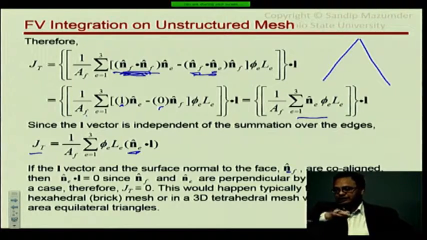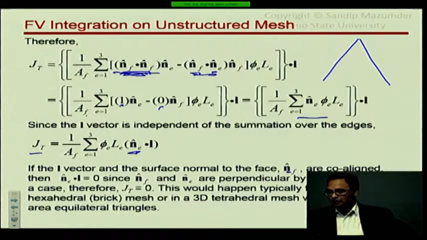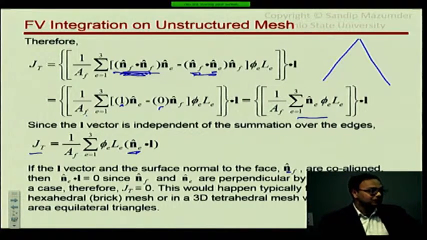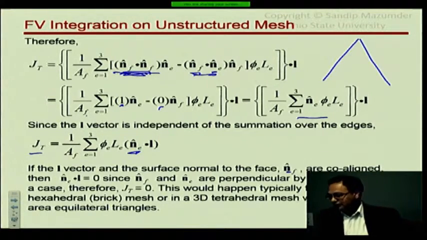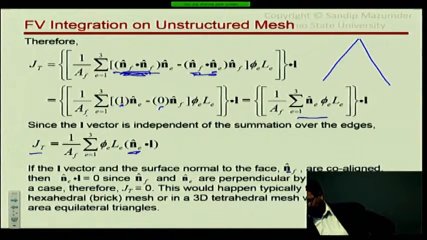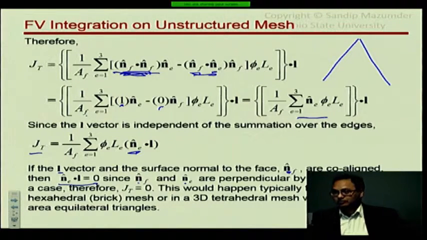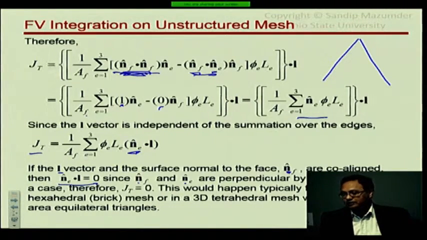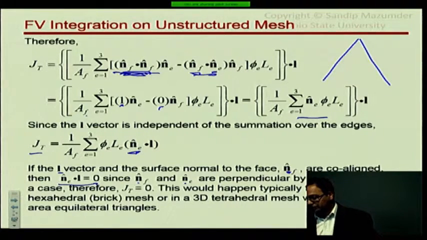If that's co-aligned with the surface normal, like you would have in a Cartesian mesh or equisized tetrahedrons, then, since L is co-aligned to NF, and NF and NE are perpendicular to each other, this quantity will be 0. So the tangential flux will disappear.